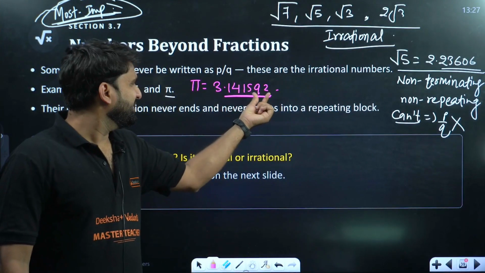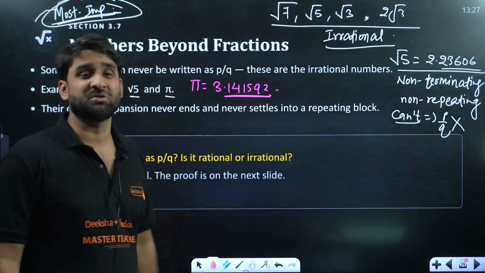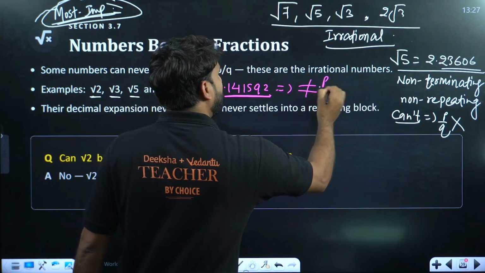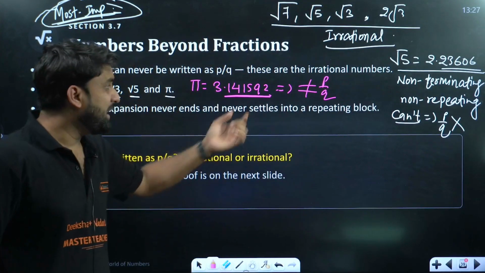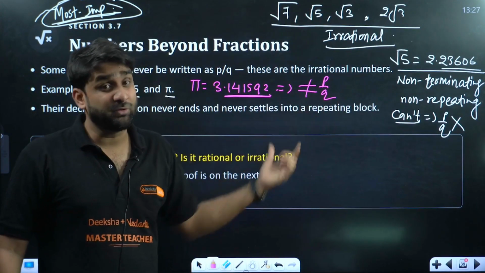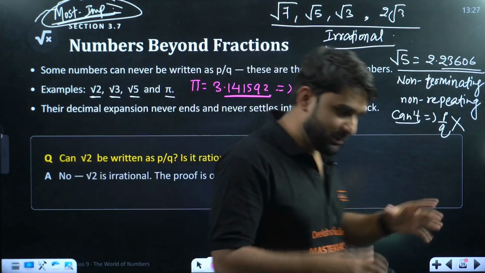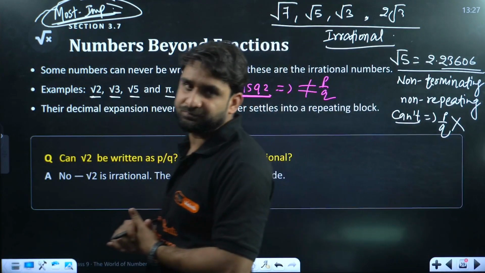Look at the repetition. Repetition is very unsystematic. If the repetition is unsystematic, we can't write it in the form of p by q. And if we can't write it in the form of p by q, it means this is not rational. And if this is not rational, it has to be an irrational number. I hope this is clear to you all.